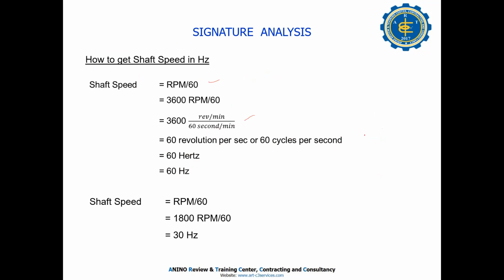Cycles per second equals hertz. That's an example of a category 2 question. For 1,800 RPM, divided by 60, very simple.